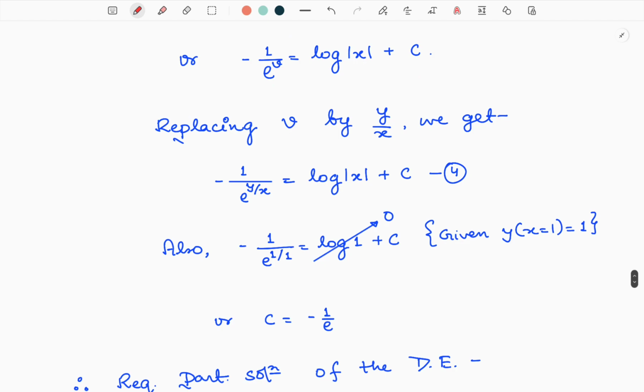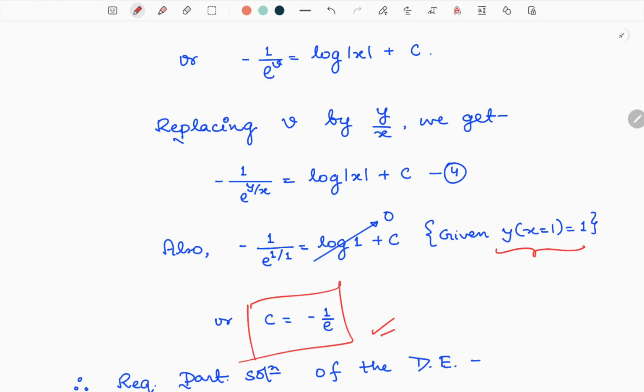Now the question contains a particular condition for the given data: when x has a value of 1, y becomes 1. Using this condition, you can calculate the value of c. If you put this, you will get the value of c as minus 1 by e.